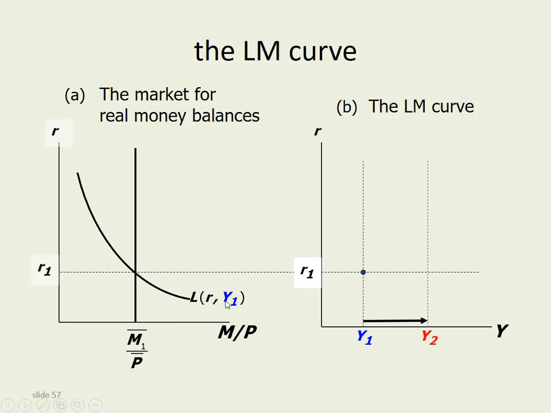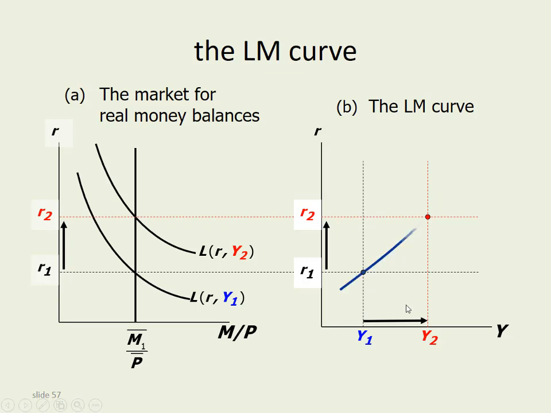If you then increase income, then for any value of interest rates, you need more money to do these transactions. So the whole line moves up for any value of R. So in order to keep an equilibrium, because that's the supply of money there is, it's going to have to come to here, so interest rates will have to rise to get to this point. So that the combinations here look like being on an upward curve.